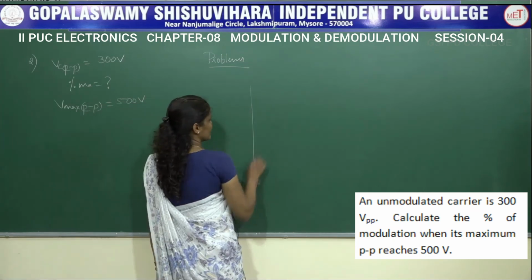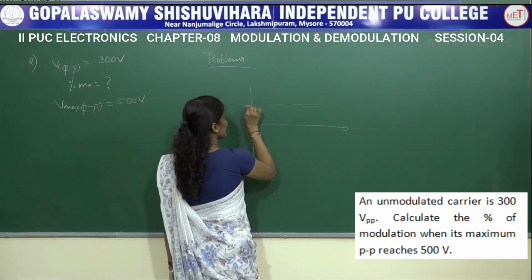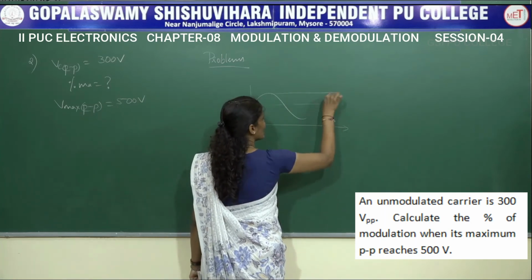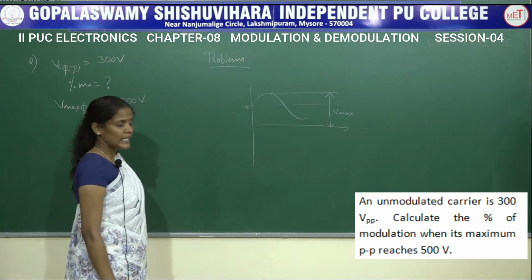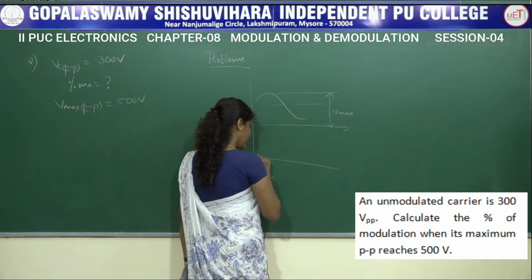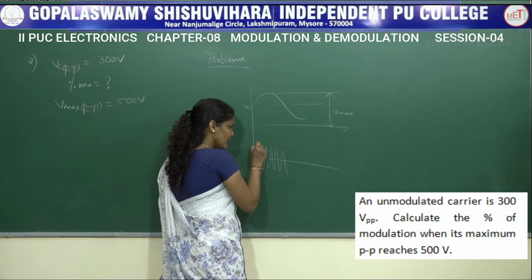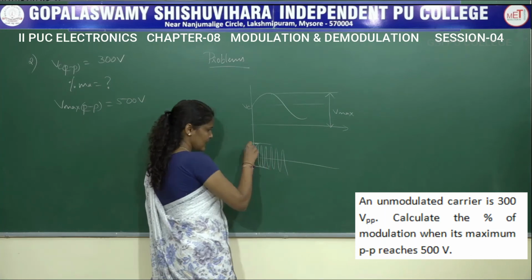We know that if this is Vc, this will be considered as V maximum. Here they have said carrier signal peak to peak. This is the carrier signal. Peak to peak means from the positive peak to the negative peak. They have given this particular amplitude.